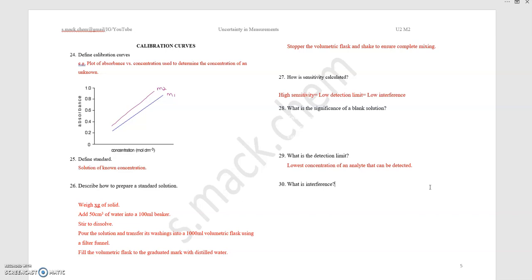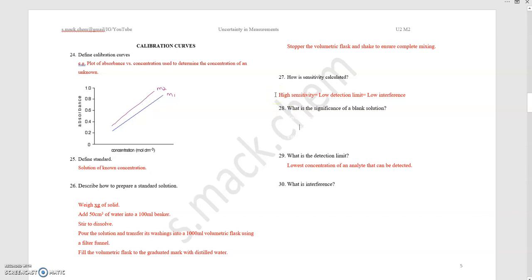Now, how is the detection limit determined? It is done so using a blank solution. What is a blank solution? A blank solution represents a sample that does not contain any analyte.